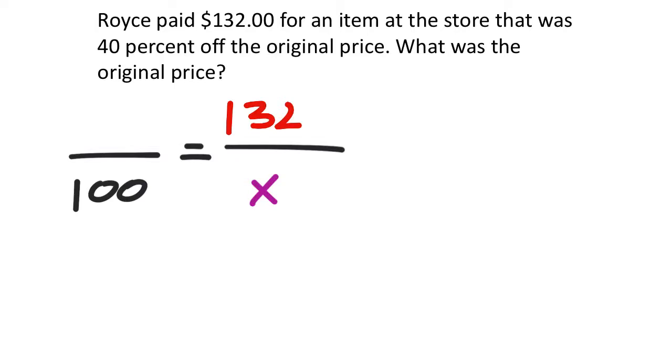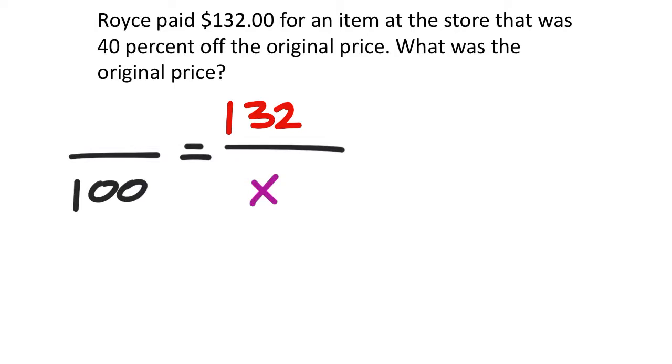Now this is where a lot of students can get this part of the proportion correct. Okay, we can set this part up pretty well. It's this next part that can be very difficult or troubling. It's 40% off the original price.